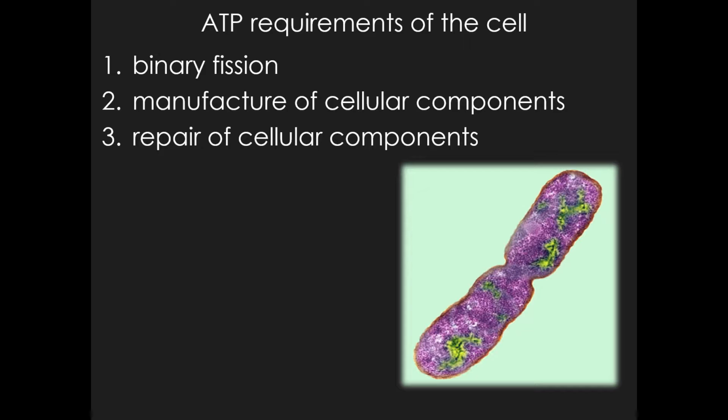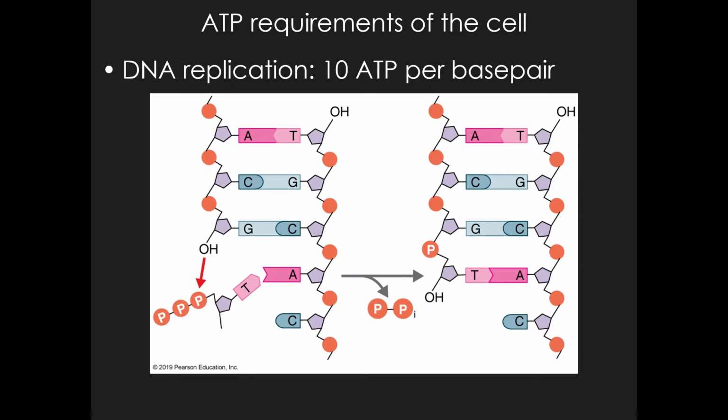So I want to just take a moment to relate what has to happen in order for binary fission to occur and talk about how much that costs in terms of ATP. So first of all, when you're undergoing binary fission, you need to replicate the chromosome. In a typical bacterial cell, the chromosome is about 3 million nucleotides.